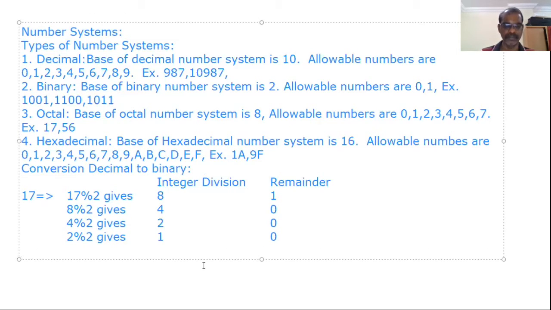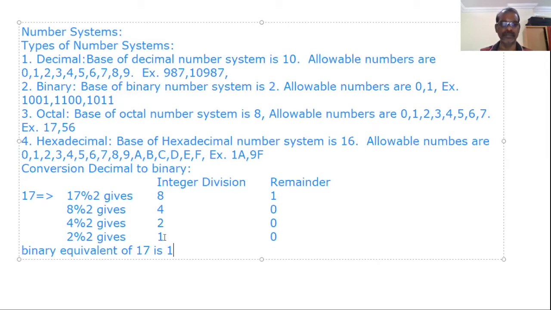So the binary equivalent of 17: we have to start from the last integer division and remainder, going from bottom to top.